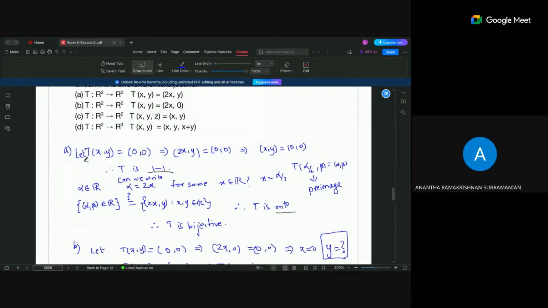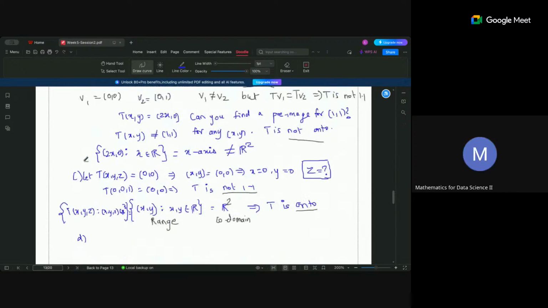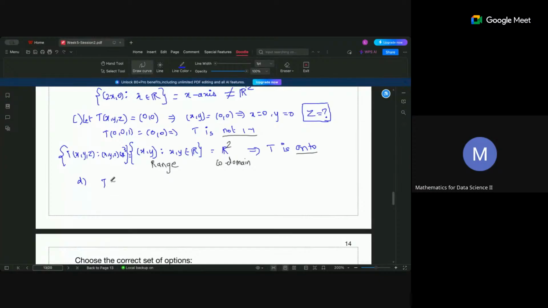One to one, but not onto. Okay, so now it's clear that T of x comma y is x comma y comma x plus y. First of all, let me write it as 0, 0, and then I will equate it. So let T of x comma y be equal to 0, 0, 0, which implies x comma y comma x plus y equals 0, 0, 0.